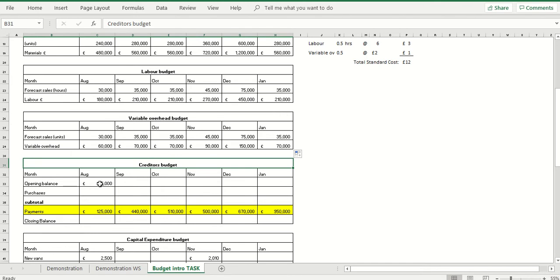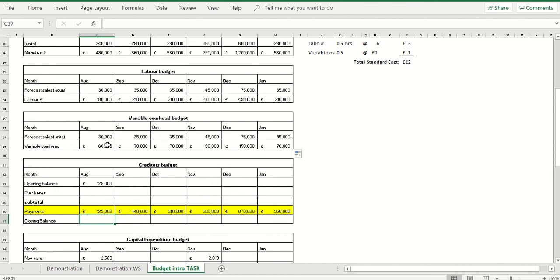So what we can see down here is we're being told that as we start out in August, we owe our creditors £125,000. And like with the debtor budget, what we need to work out is the closing balance. So how much will we owe our creditors at the end of August? That's what we need to work out.